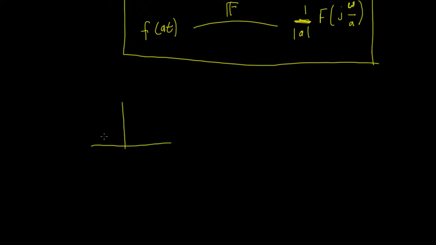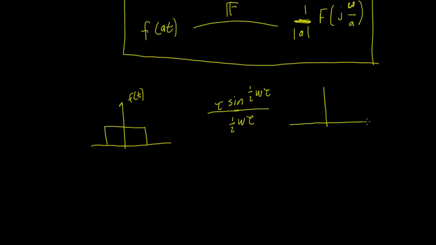So if I had our function there, that's our function of time, that's our f of t, then the Fourier transform of that is tau times sine a half omega tau upon a half omega tau, and it looks like that there.